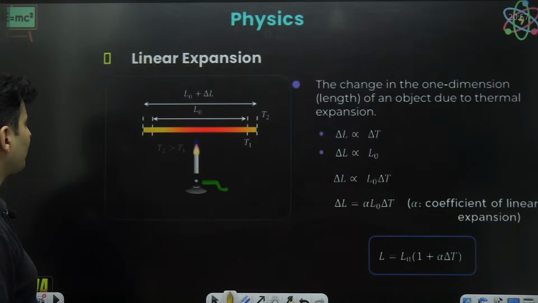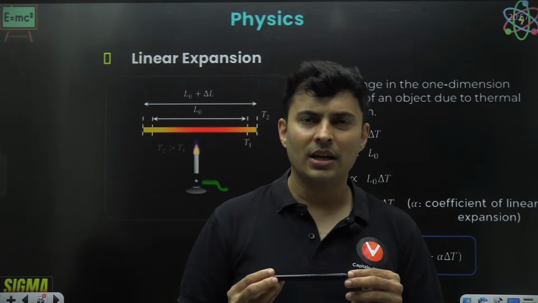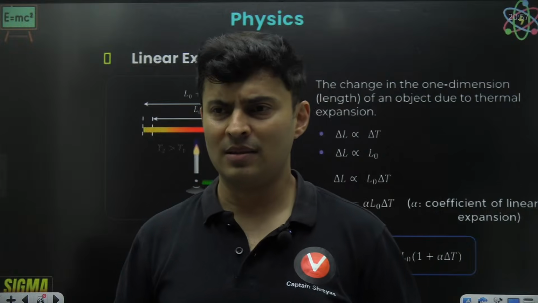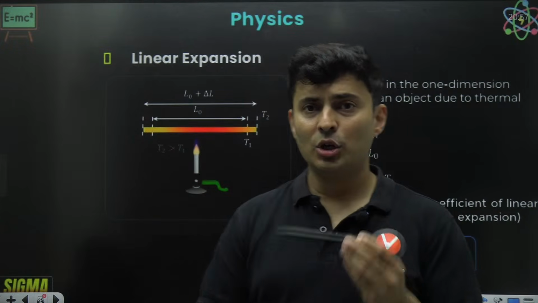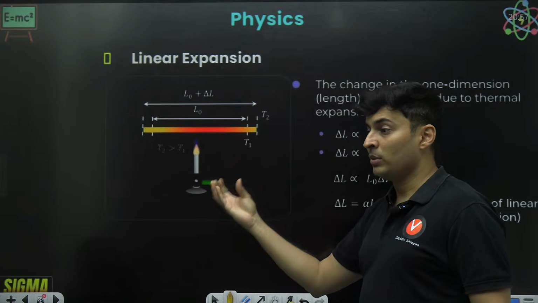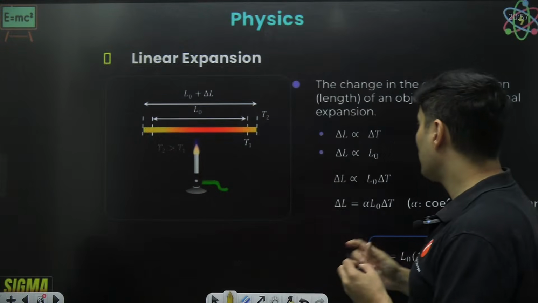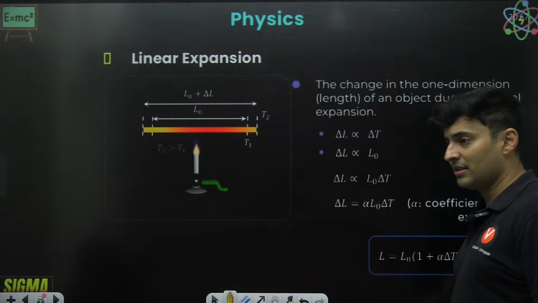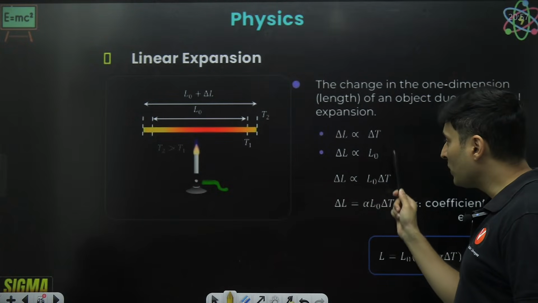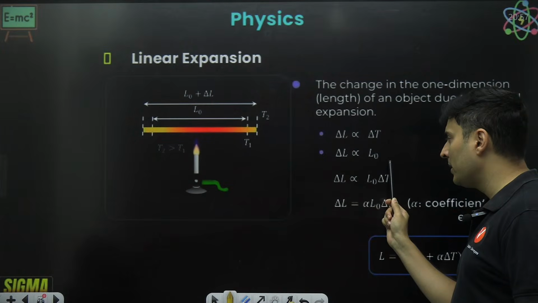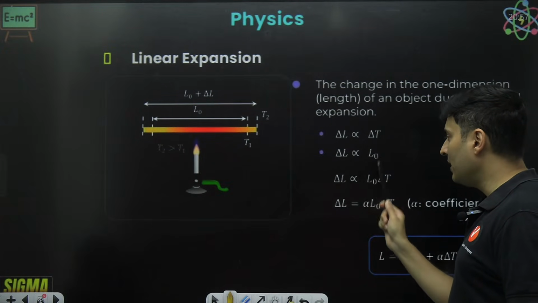linear expansion. Linear expansion means you take a rod, or a wire, or some object. It has a certain length. You heat it, you put it under a flame, and you will see it will expand. The length will change by some amount. The amount by which the length changes depends on how much the temperature has changed and how much the original length L naught was. So it is proportional to the change of the temperature and the original length.